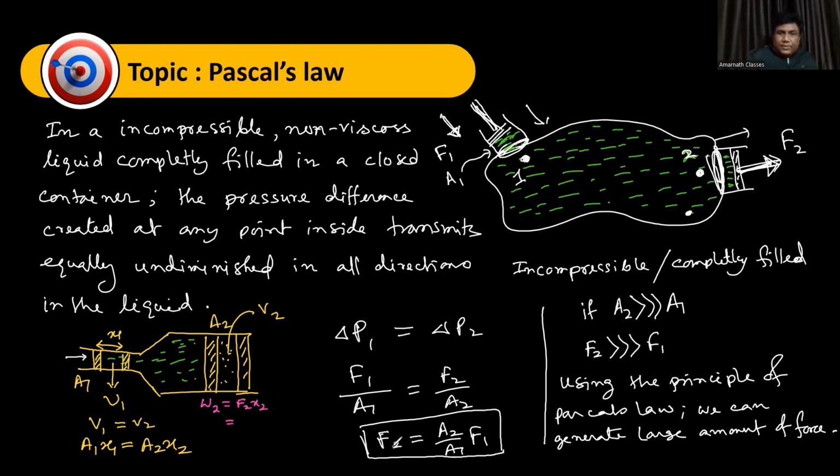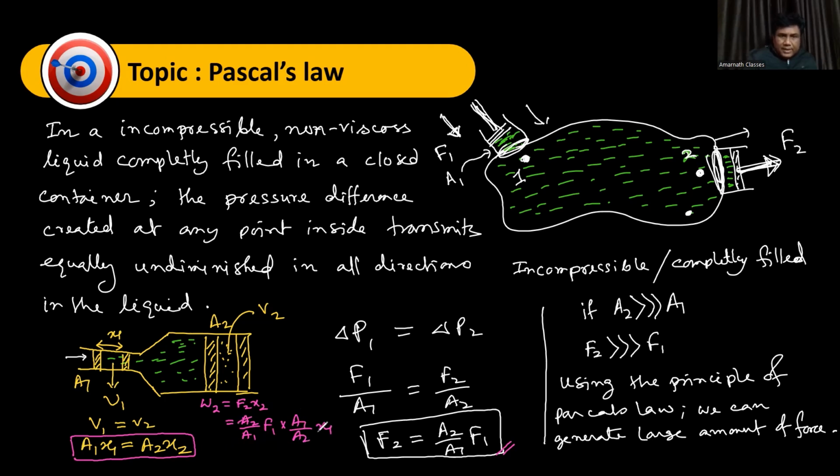But F2 is A2 by A1 into F1, from the earlier expression, and from conservation of volume, X2 is A1 by A2 into X1.